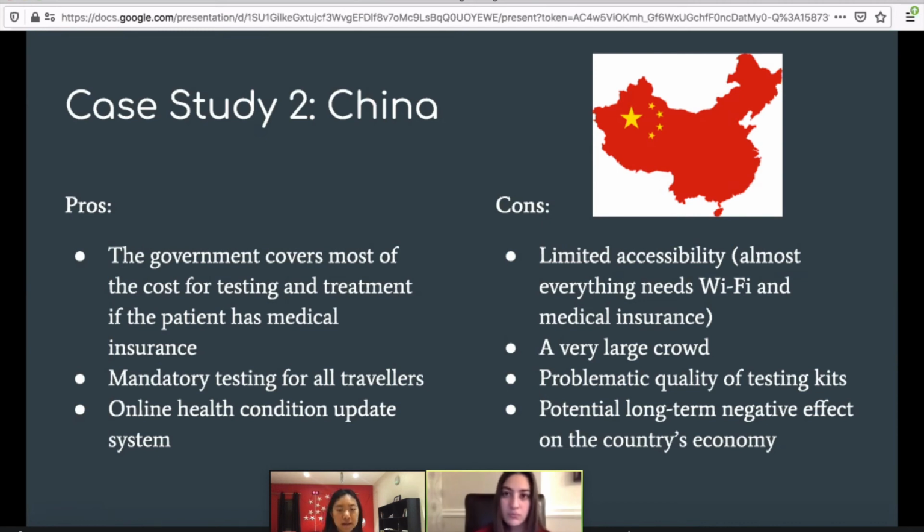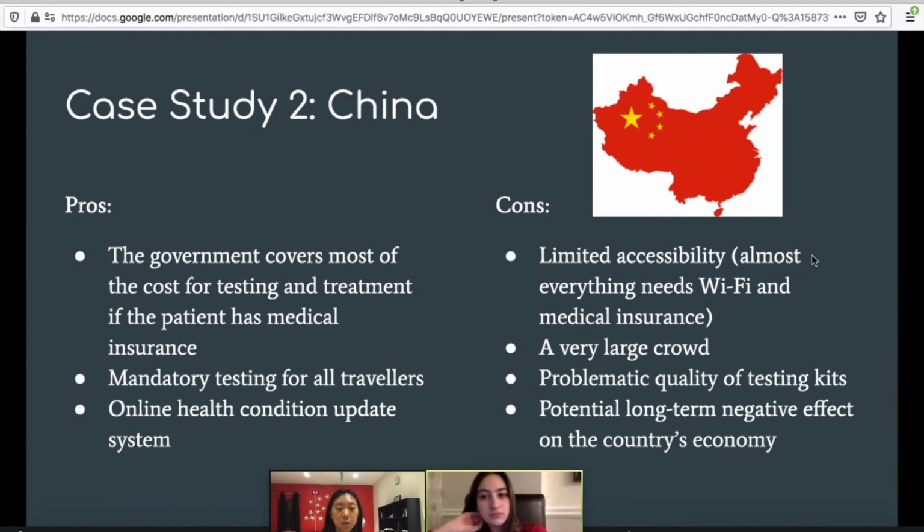On the other side, there are some cons about these policies. First of all, the accessibility is pretty limited, because the applications for free testing require Wi-Fi and also medical insurance. So people living in very isolated areas like villages in the mountains, very far away, don't have Wi-Fi, and then it's hard for them to apply for these free testing kits.